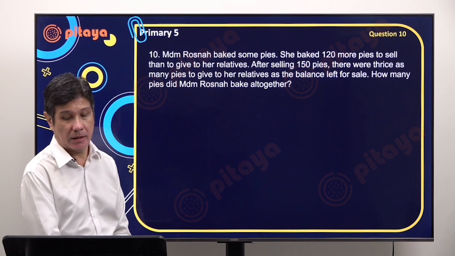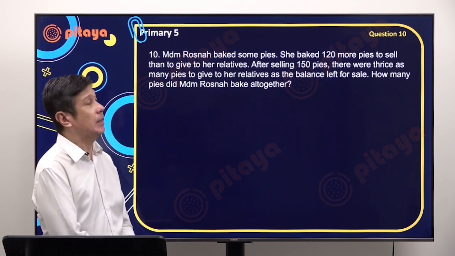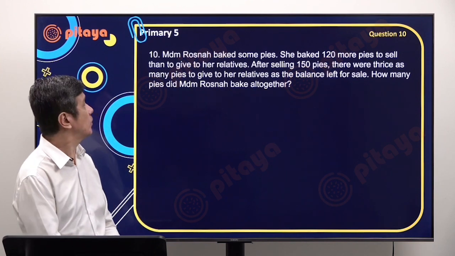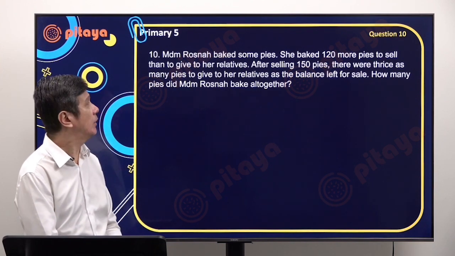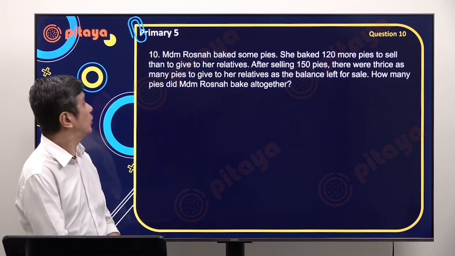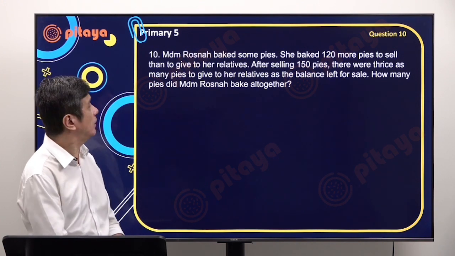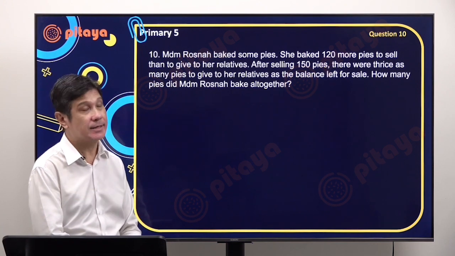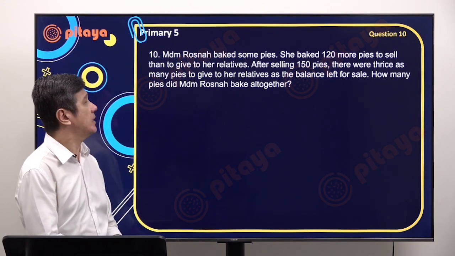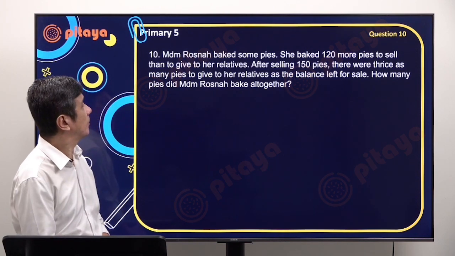Question 10. Madam Rosner baked some pies. She baked 120 more pies to sell than to give to her relatives. After selling 150 pies, there were thrice as many pies to give to her relatives as the balance that's left for sale. How many pies did Madam Rosner bake altogether?